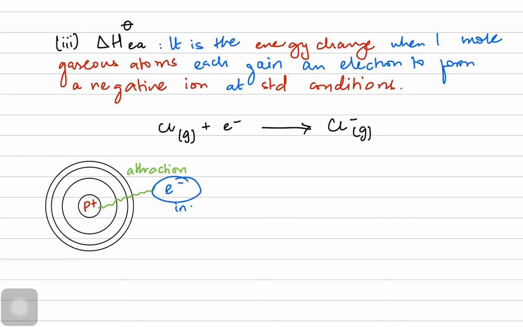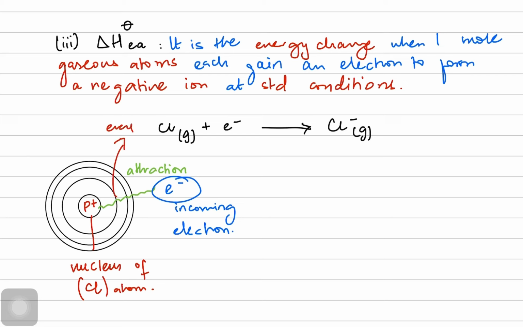This is the incoming electron, and this is the nucleus of, let's suppose, any atom. So when the attractive forces are there and an electron is gained, energy is released. So it's an exothermic process. It's not endothermic, it's exothermic.